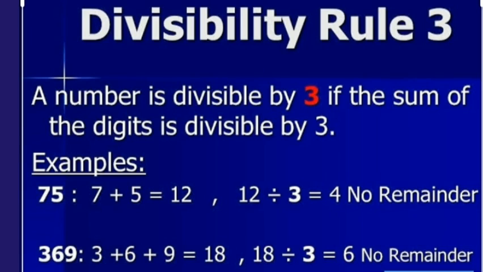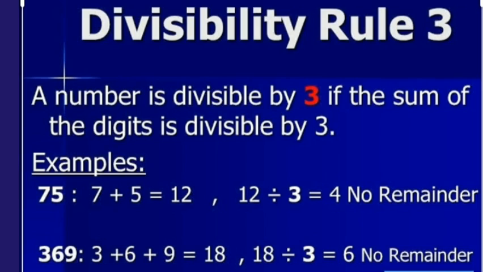Next rule, divisibility rule for 3. A number is divisible by 3 if the sum of the digits is a multiple of 3. In the given example 75, the sum means addition: 7 plus 5 is equal to 12. 12 divided by 3 gives 4, with no remainder.